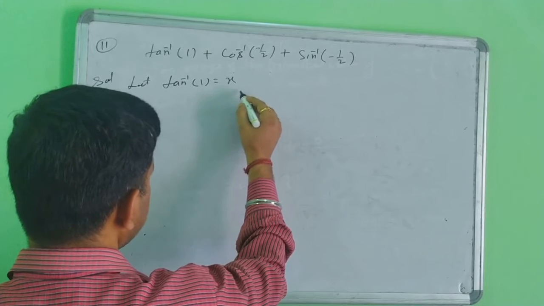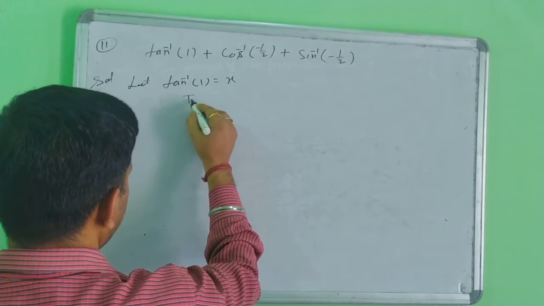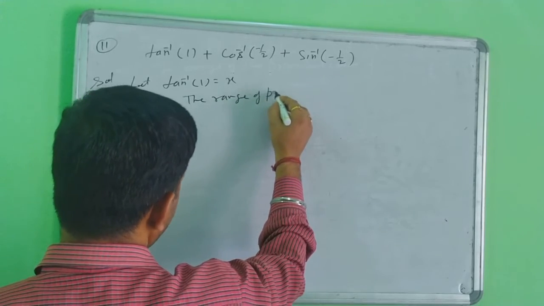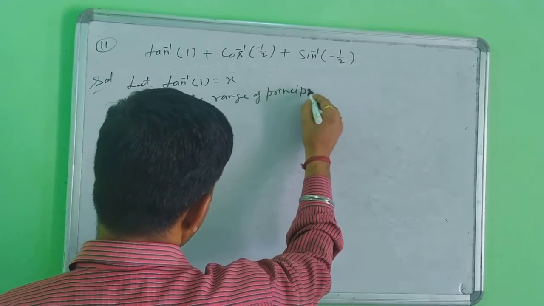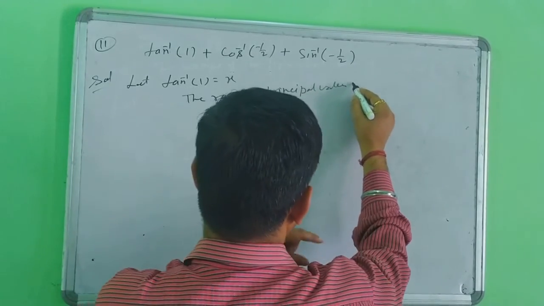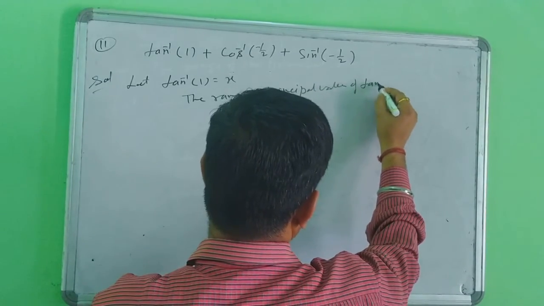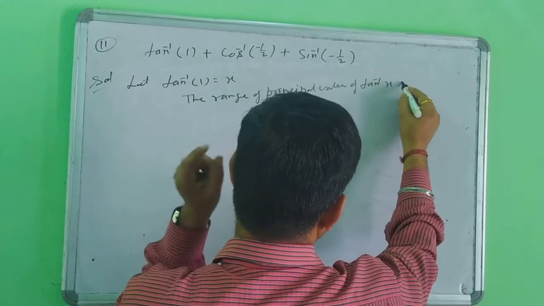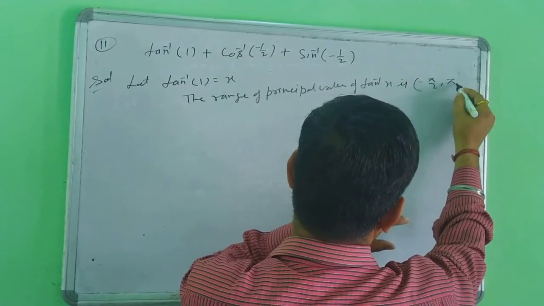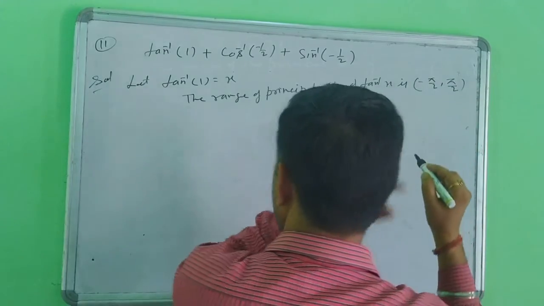The range of the principal value of tan inverse x is minus pi by 2 to plus pi by 2.